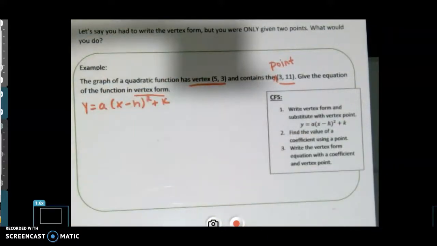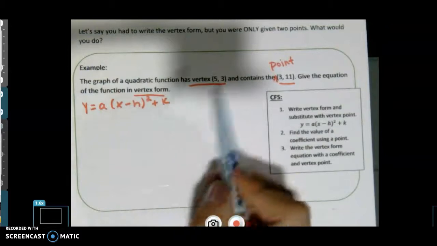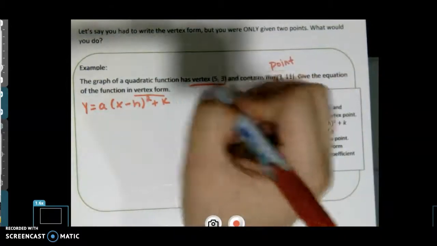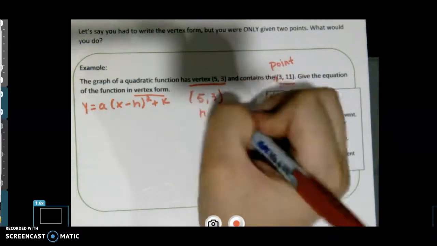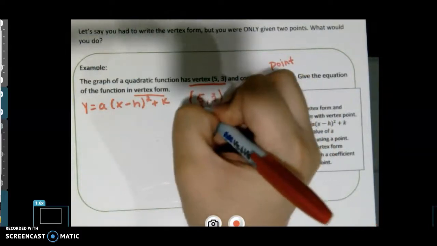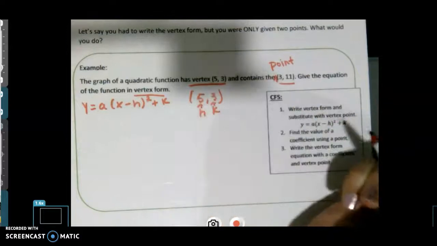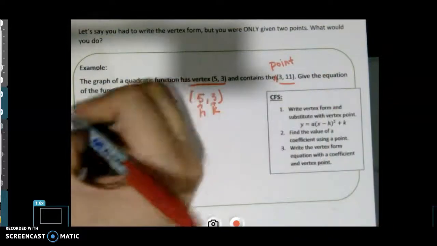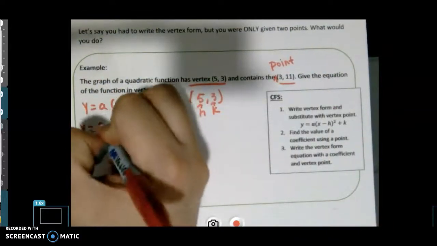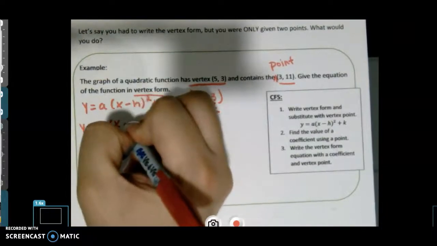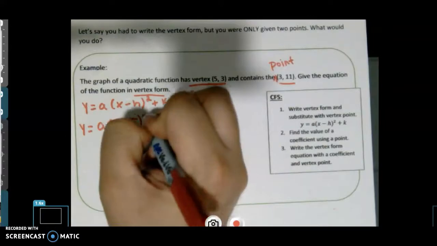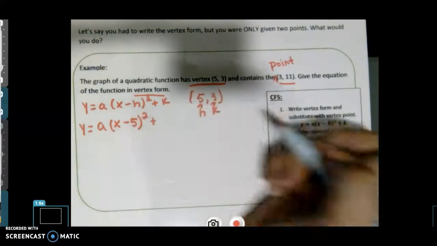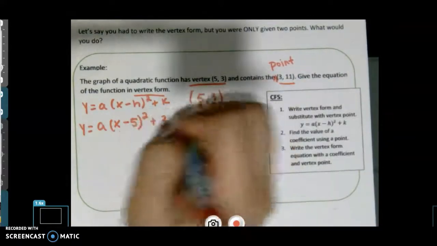So my vertex form, we're going to substitute my vertex point, 5, 3. So this is going to be h and this is going to be k. Okay? So let's go ahead and substitute those values. So it's going to be y equals a(x minus my h value, which is 5)^2, plus my k value, which is 3.